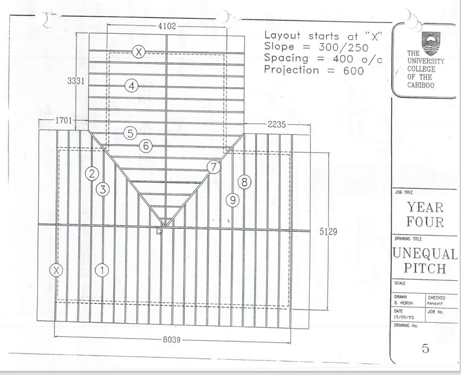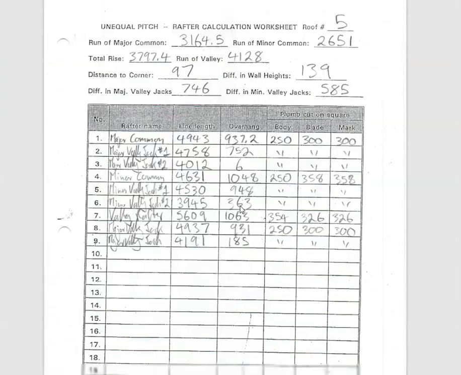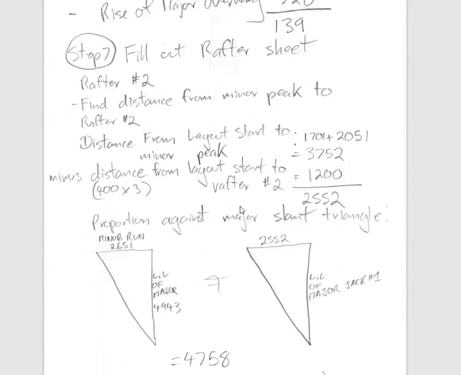We're going to take this distance to the junction of the ridges, which will be the building jog 1701 plus half the 4102. And then we're going to subtract the number of spacings that we need to get to our rafter. In this case, it'll be 1, 2, 3 spacings. Let's take a look at the math. Minus the 3 spacings will give you the 2552.